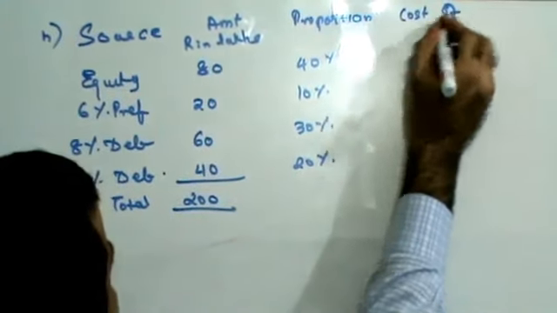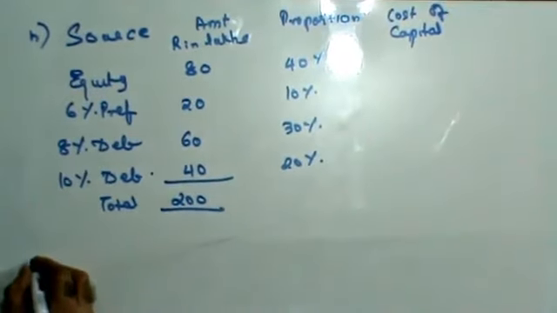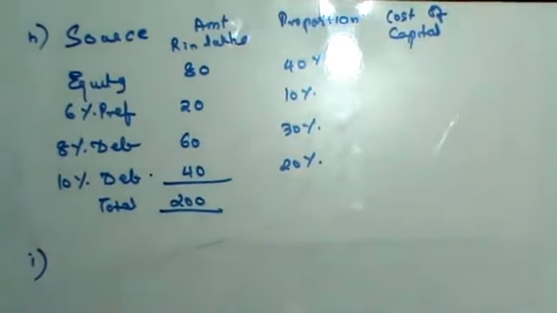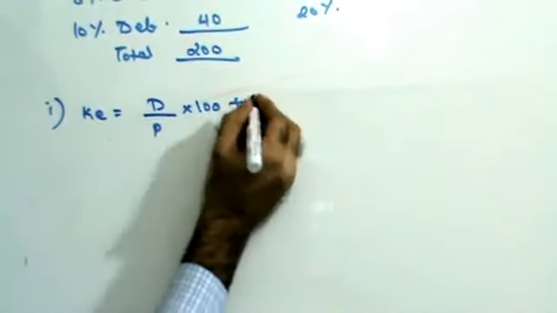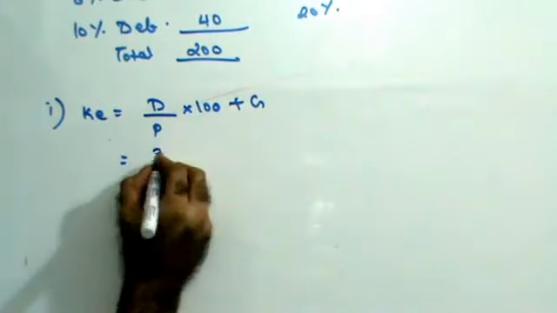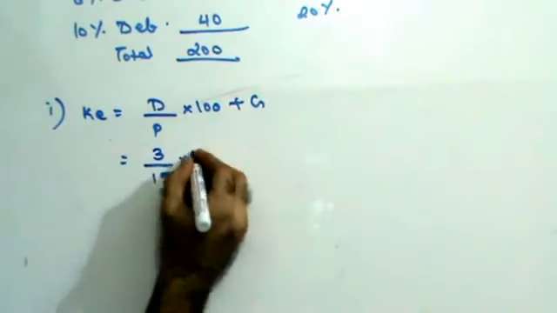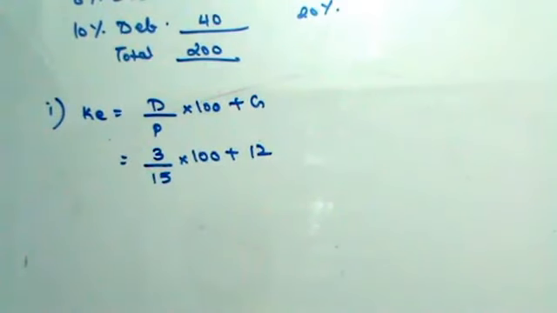Cost of capital. Now, let's first find out the cost of equity. Cost of equity is dividend upon market price into 100 plus growth. They are saying that the only thing that is going to change is the growth rate. So dividend will remain 3, market price will remain 15, but the growth rate they are saying is going to change to 12%.